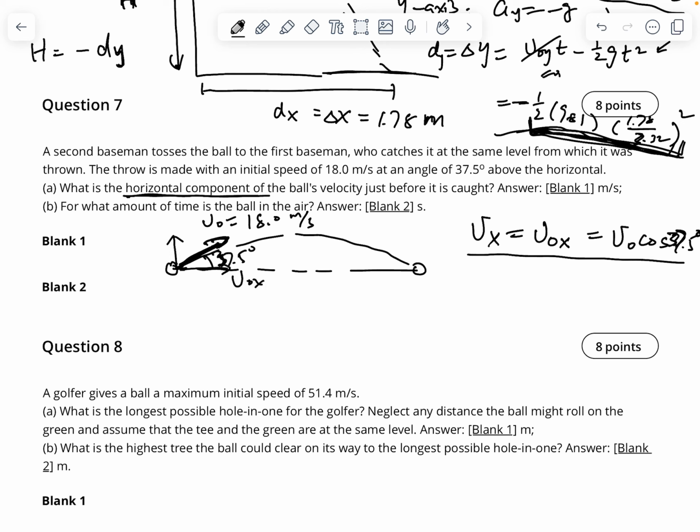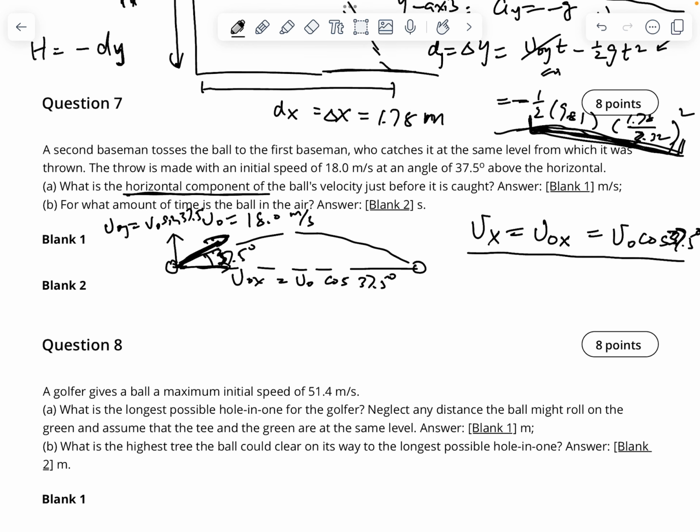So Vox equals Vo cosine 37.5, and Voy equals Vo sine 37.5. So the horizontal component of the ball's velocity just before it is caught is always the same. This guy.